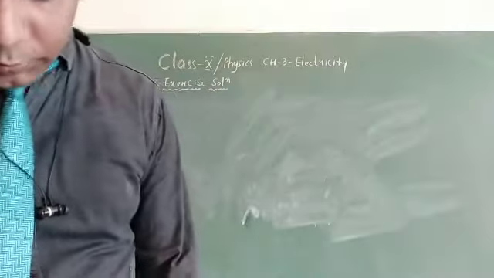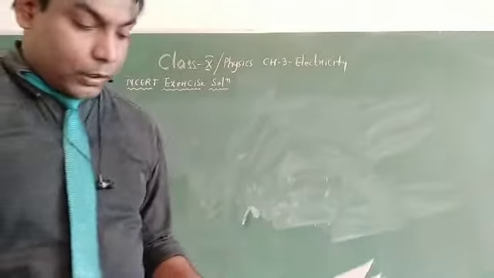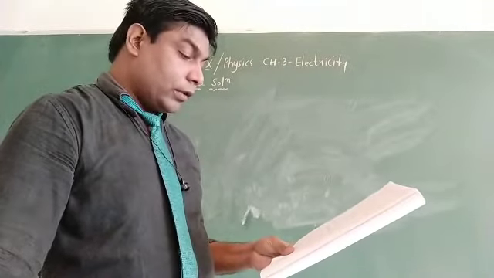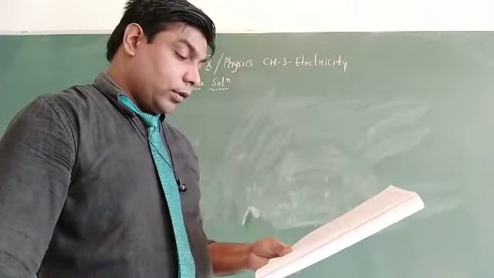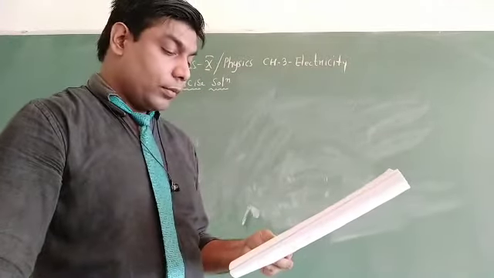Question number 4. Two conducting wires of the same material, equal length and equal diameter are first connected in series and then in parallel across the same potential. The ratio of heat produced in series and parallel combination will be: 1:2, 2:1, 1:4 and 4:1.